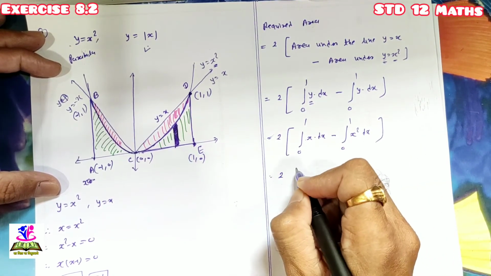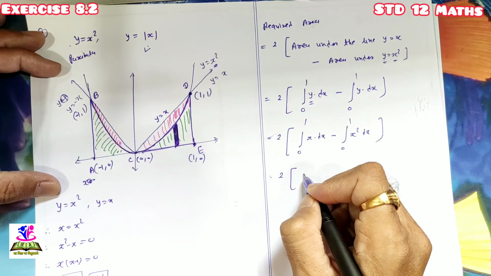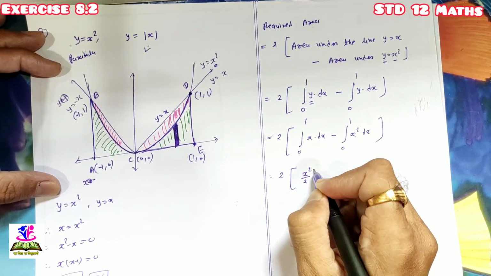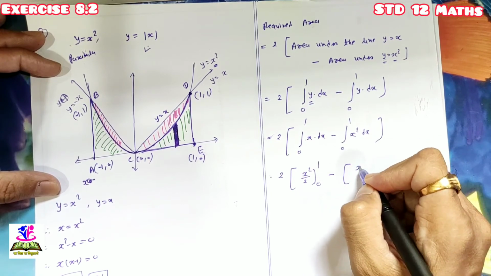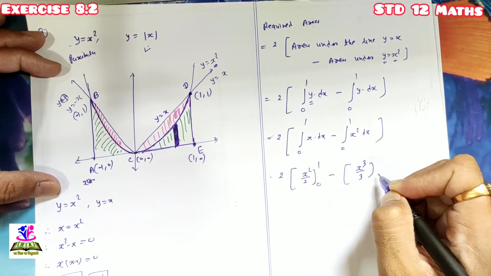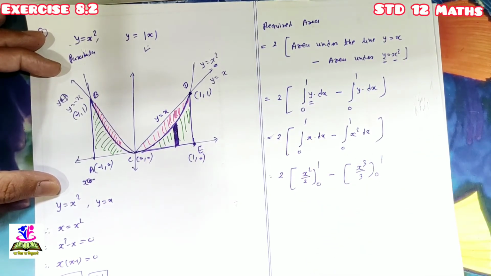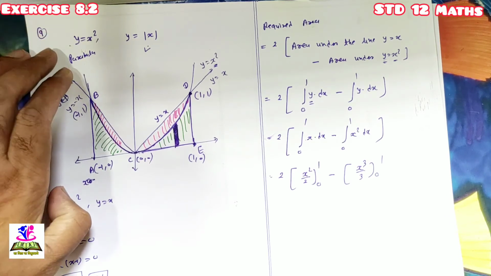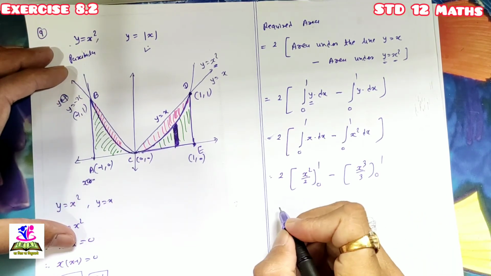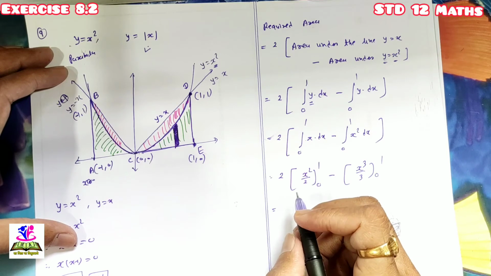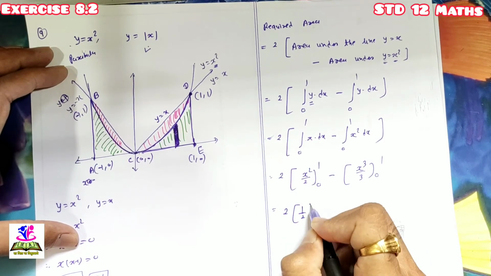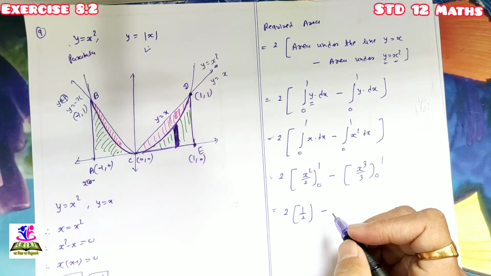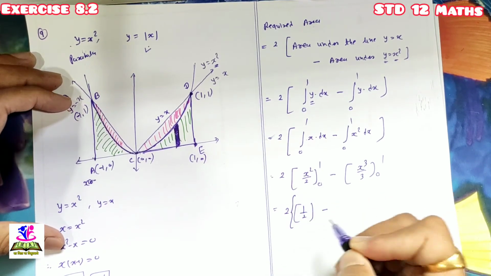Perform integration, so it's 2 into integration of x is x square by 2, limits 0 to 1, minus integration of x square is x cube by 3 and limits 0 to 1. Put the values and simplify it. So this is equal to 2 into 1 by 2 minus 1 by 3, ये 2 दोनों के लिए मल्टीप्लाई है.